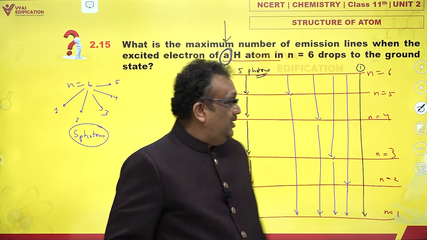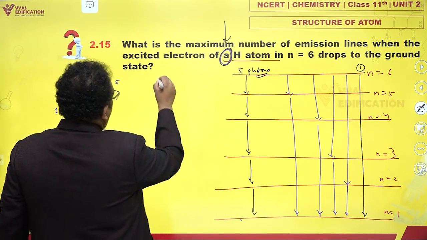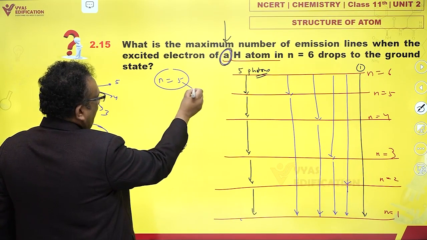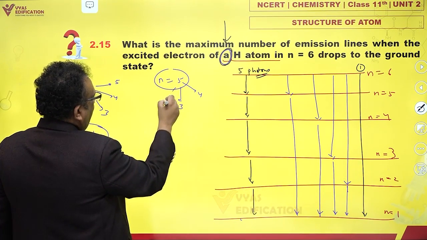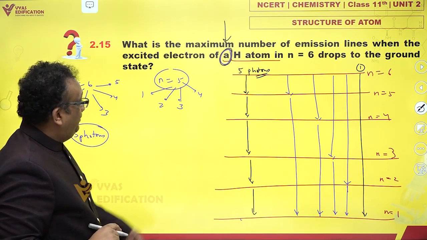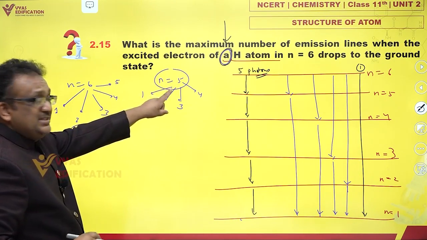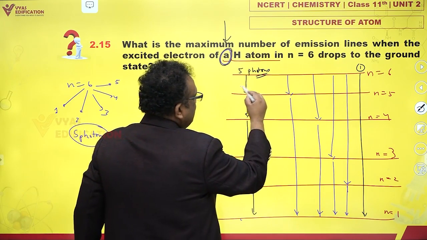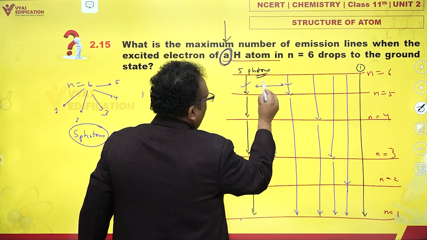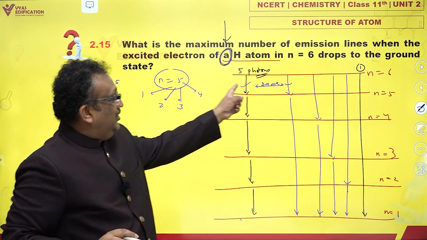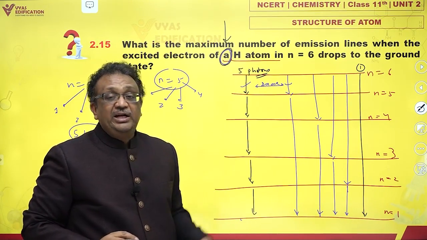Now, from n equal to 5, if you're again falling down, from 5 you could come to 4, 3, 2 or 1. And please note, this has nothing in common with this. If you're counting like this, it is the same. It becomes problematic. So you have to make sure that you're not counting double.